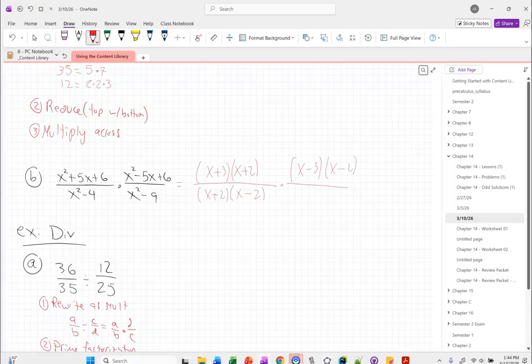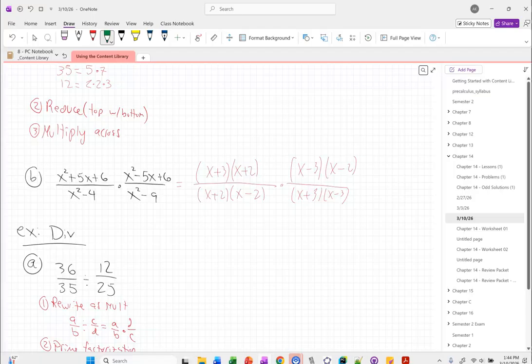And then x squared minus 9. X plus 3, x minus 3. Okay? Everybody happy with the prime factorization here? Couldn't you also do x minus 6, x plus 1? That would multiply to give you negative 6, not positive 6. It does add to give you negative 5, though.